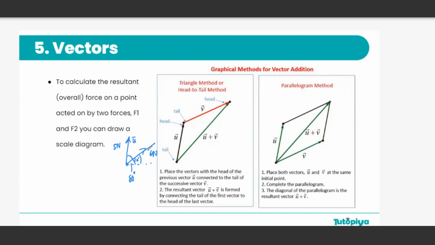In this case, we need to draw these two arrows such that the head and the tail of the arrows are together. So we place the vectors with the head of the previous vector, in this case U, connected to the tail of the next vector, which is V. And then we connect the tail of the first vector to the head of the second vector with this green arrow shown here.